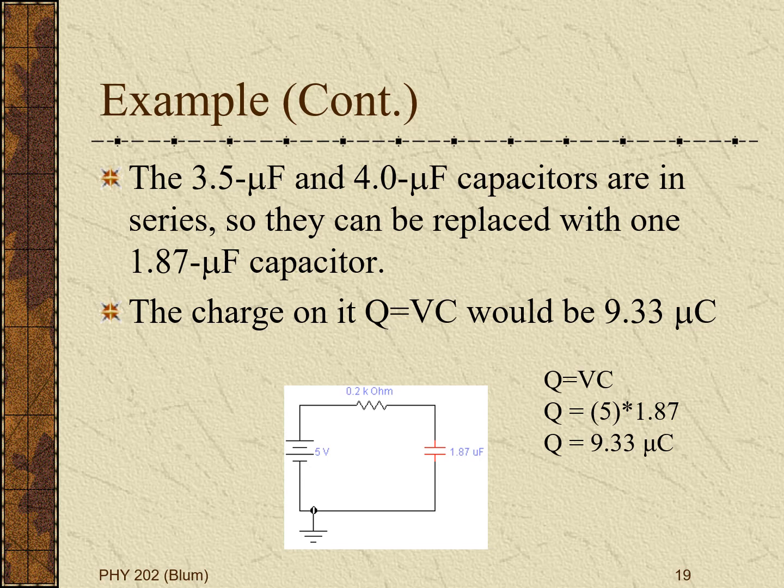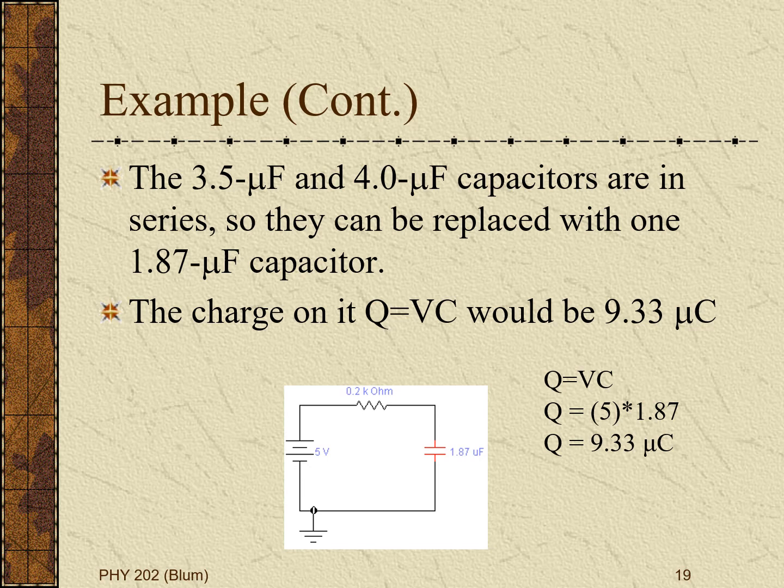And so we use that reciprocal addition form of 1 on C equivalent equals 1 on C1 plus 1 on C2, and that yields 1.87 microfarad. So we've replaced those two in series with this one equivalent one. And now we would like to use the QVC rule.